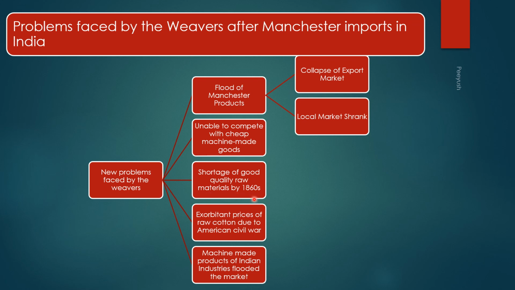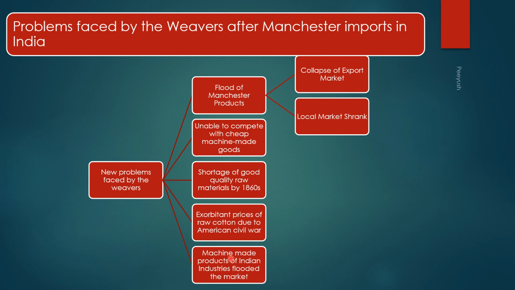There has been a shortage of raw material, as we discussed, because of the American Civil War, and exorbitant prices of raw cotton due to the American Civil War. Very high prices of raw cotton. Machine-made products in Indian industries flooded the market.